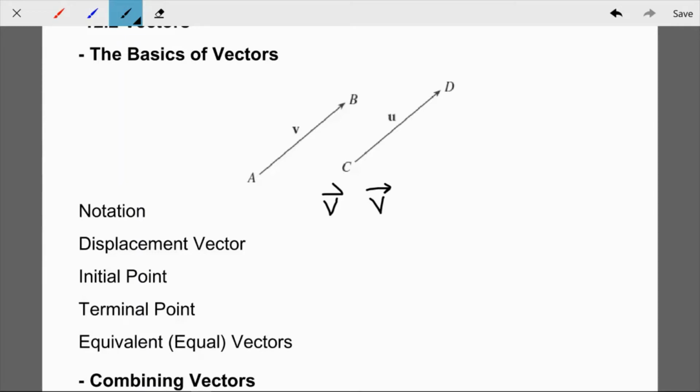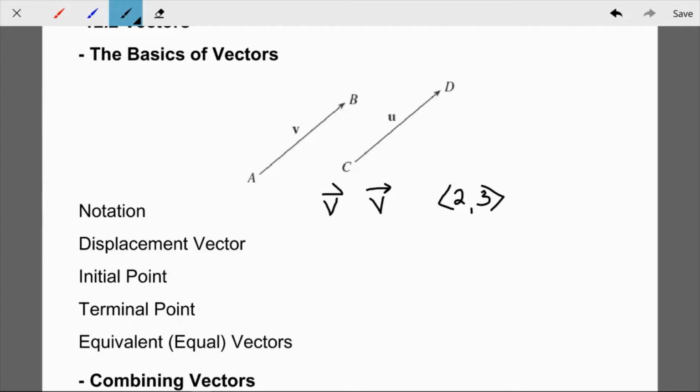A lot of times we'll show component form like this, where if it's a two-dimensional vector, we might have the numbers 2, 3 here. That would be 2 units in the horizontal direction, 3 units in the vertical direction. And if it was a 3-dimensional vector, it's similar notation. When you see those angled brackets, that's indicating vector notation.